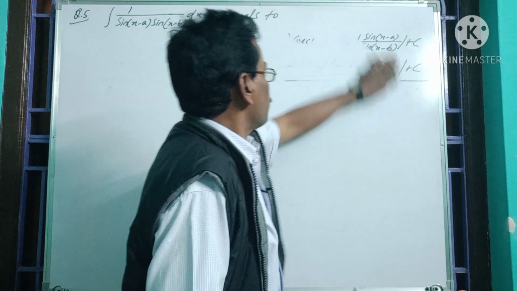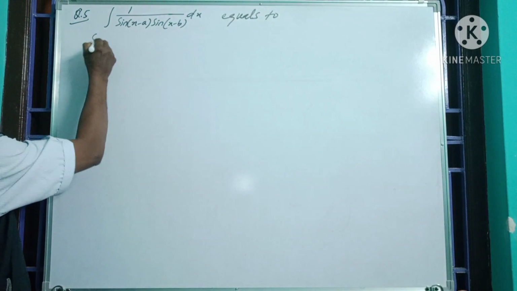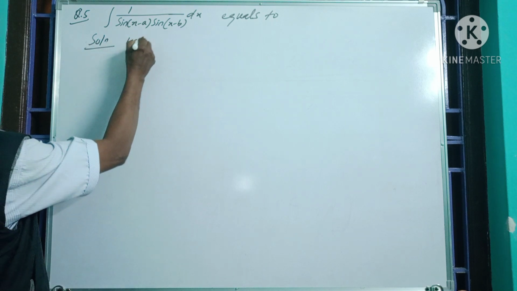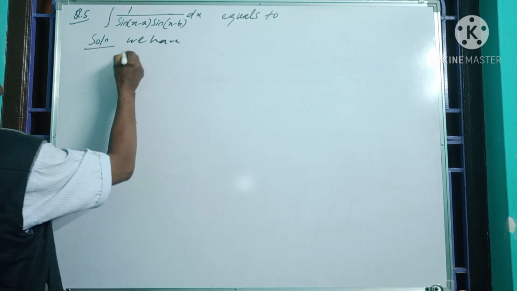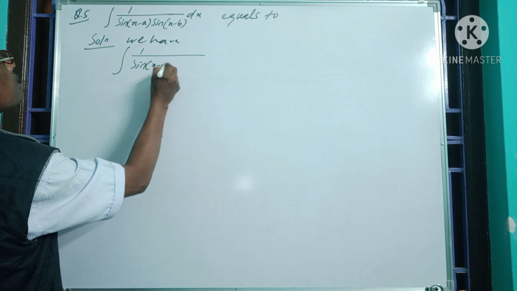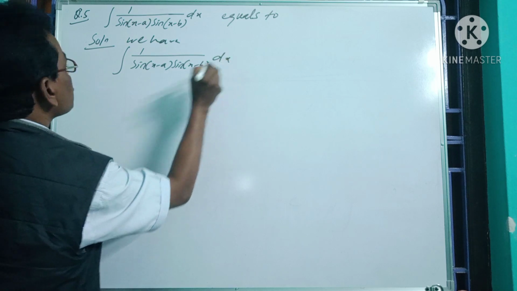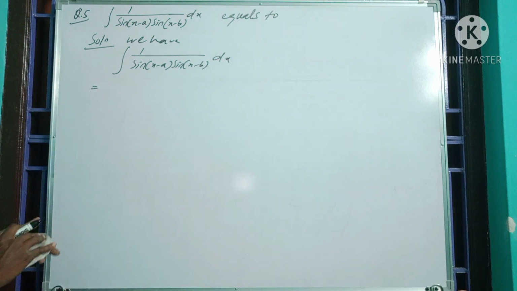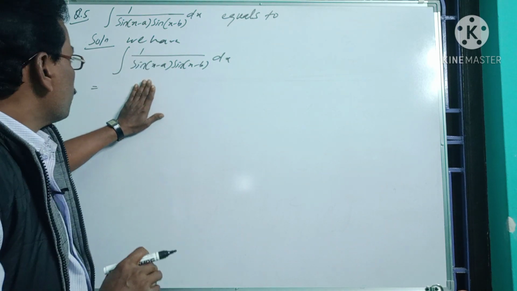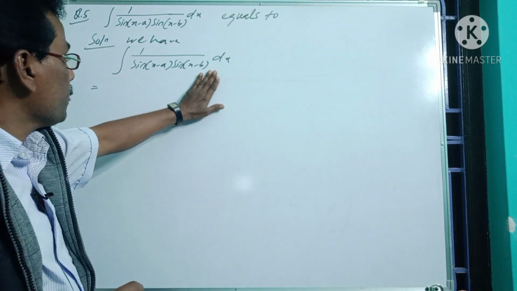That is, we have integration of 1 by sine of x minus a into sine of x minus b with respect to x. Here the integrand is in rational form, where the denominator of the integrand contains sine of x minus a into sine of x minus b.